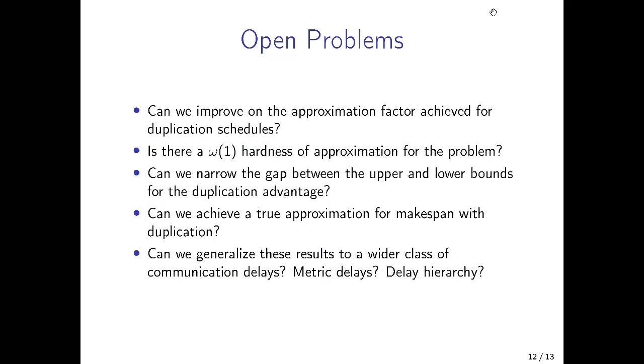This seems related to a densest subgraph kind of problem, because somehow you have to partition these into sets. So there is a relationship to problems that have been studied before, but we could not figure out how to handle that.